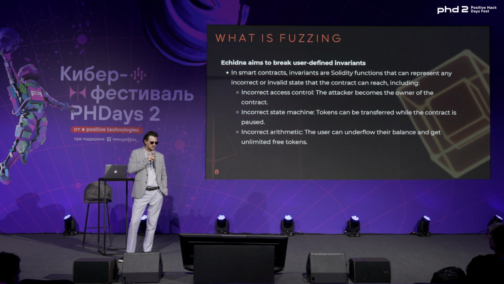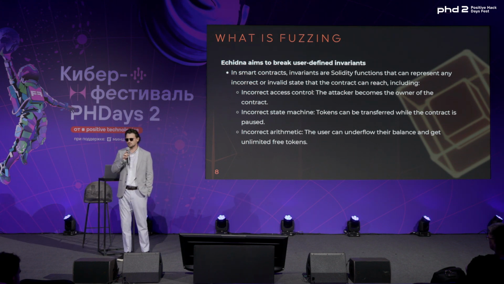For example, incorrect access control. The smart contract has an owner, and we believe that this owner cannot be changed. Echidna tries to call some methods and checks whether the owner has changed when it should not have been changed. Another bullet point, incorrect state machine. The smart contract provides a pause.